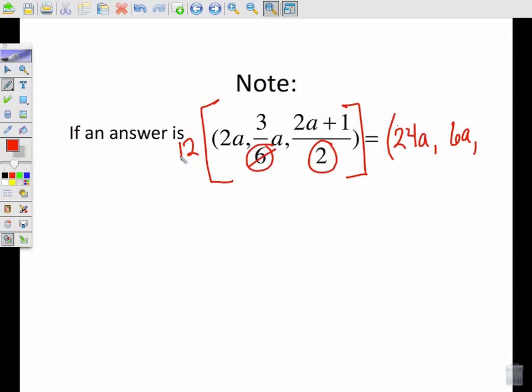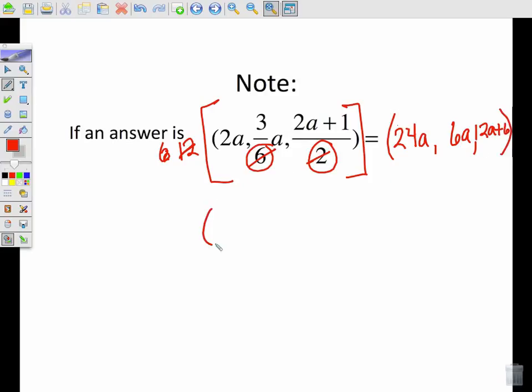So here you can cancel that, and 6 goes into 12 2 times, and so 2 times the 3. And then you can take here, and that's 6, so that's 12a plus 6. That's just one way to do it.